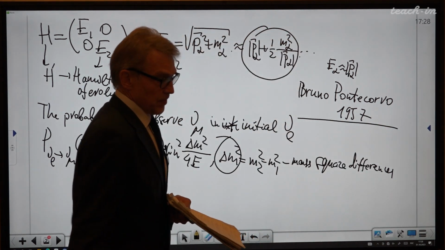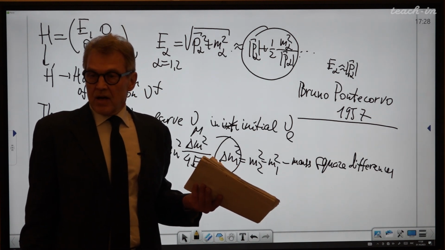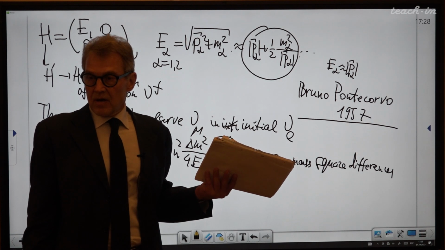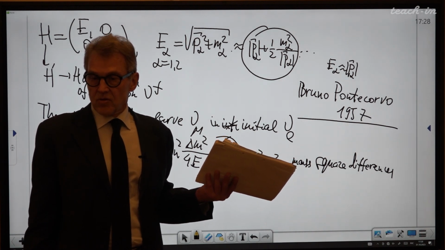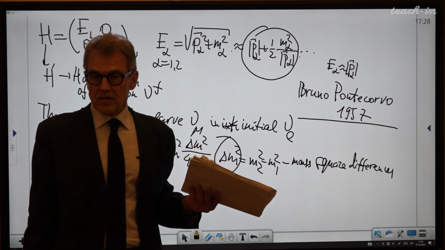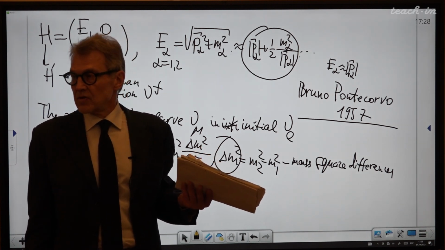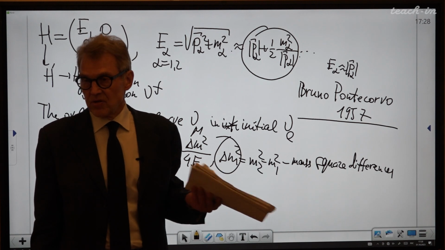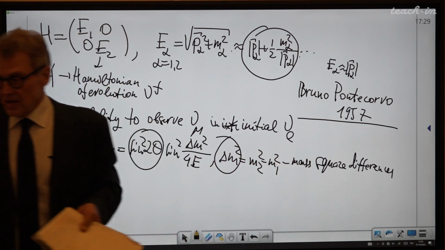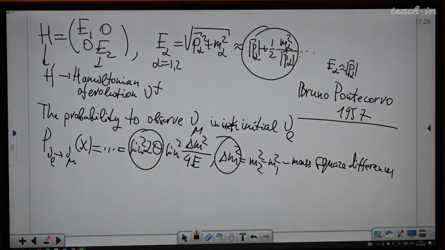At that time, only two types of neutrinos and antineutrinos were known and confirmed, and Pontecorvo in 1957 considered exactly these.